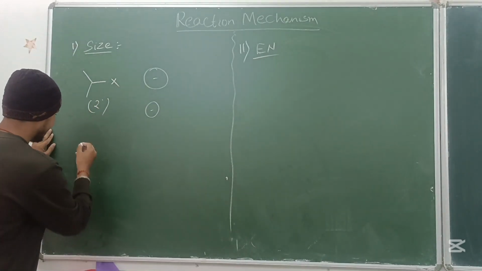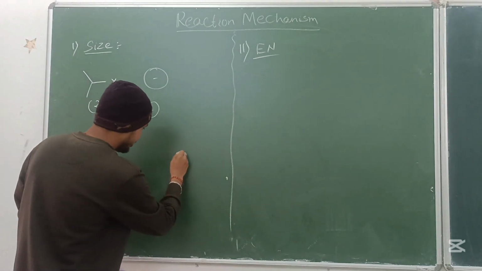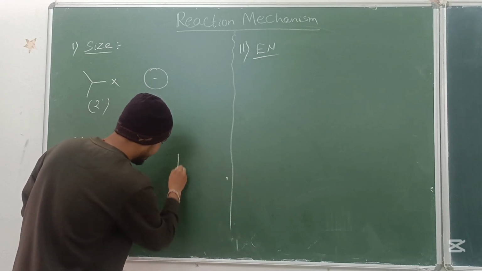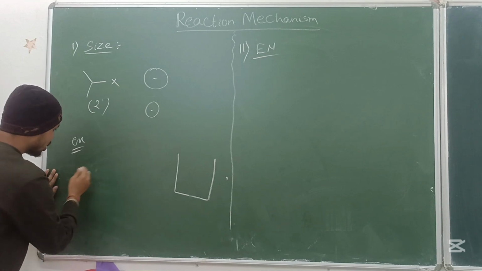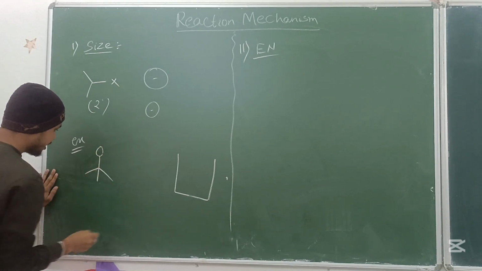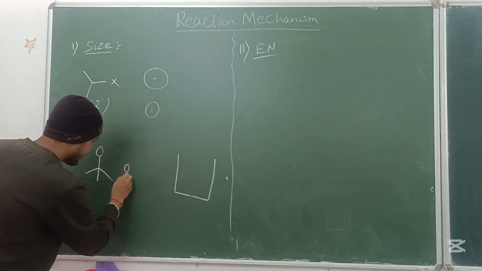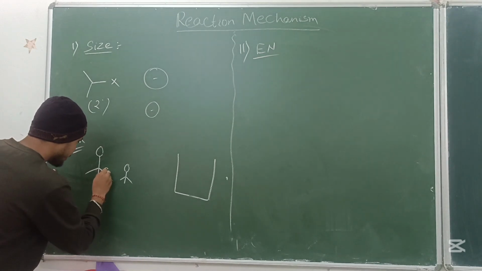So let's take an example. Here is a box, I draw the box, and there are two students standing. One is taller in height and one is smaller in height, and they are holding two balls in their hands.